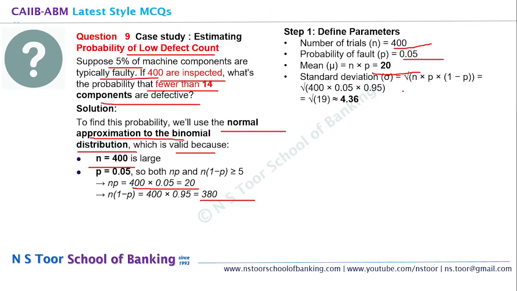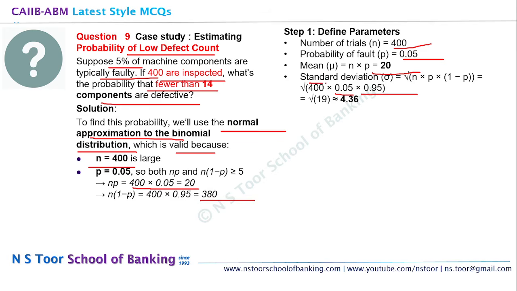What is the standard deviation, sigma? The standard deviation of the population is equal to the square root of n into p into q, or 1 minus p. Here n is 400, p is 0.05, and 1 minus p is 1 minus 0.05, that is 0.95.